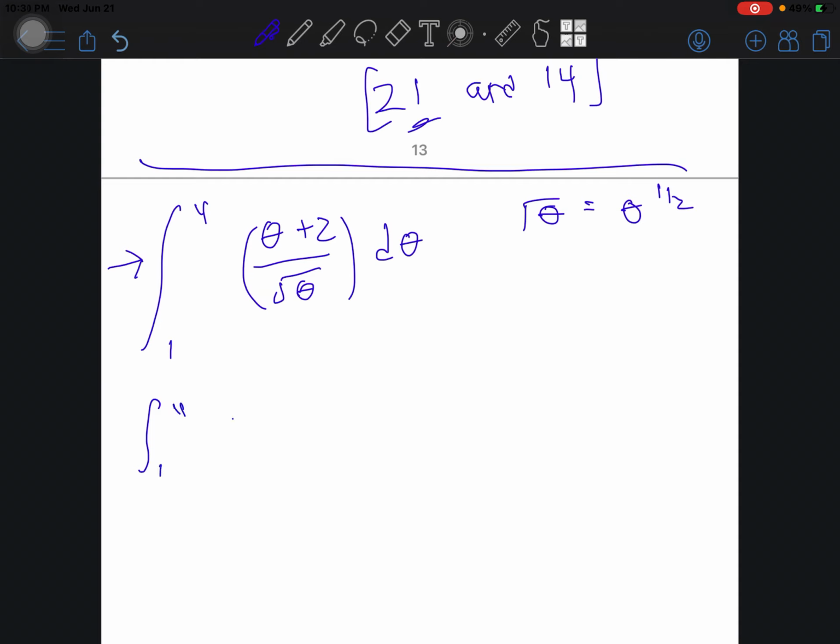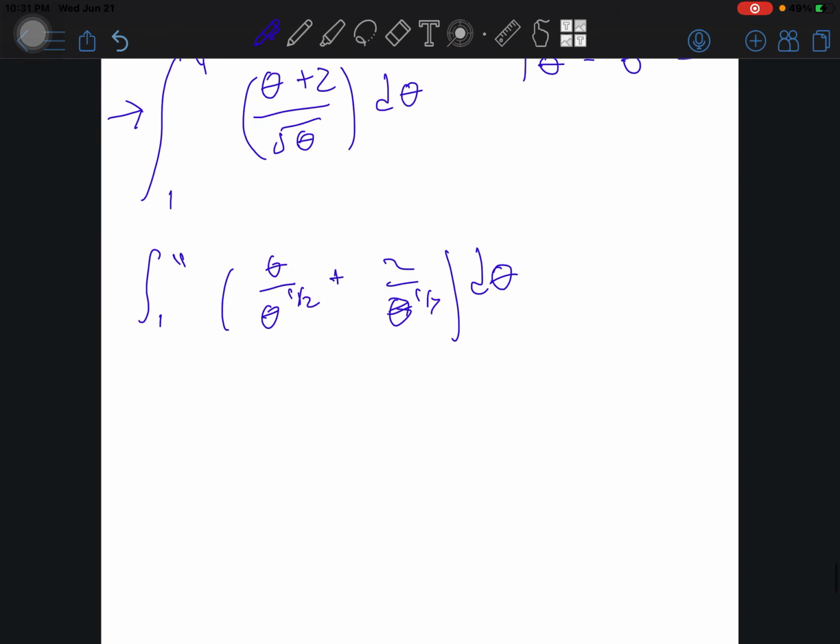You're going to get the integral from 1 to 4 of theta over theta power 1 over 2, plus 2 over theta power 1 over 2, d theta. Don't forget that. And therefore, for expansion, you're going to get theta, because when I bring this one up here, it's going to be 1 minus 1 over 2, right?